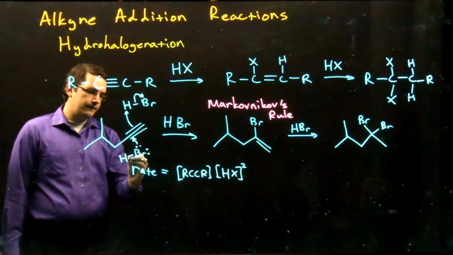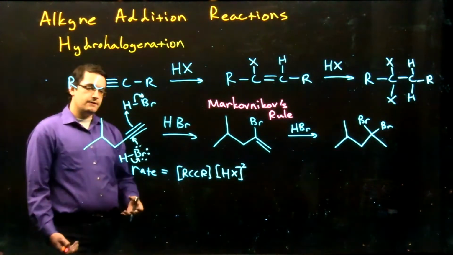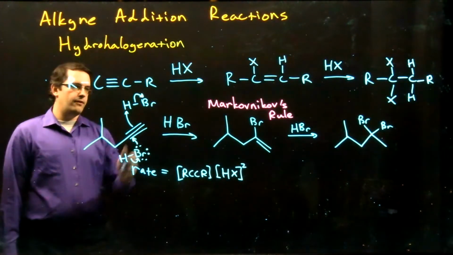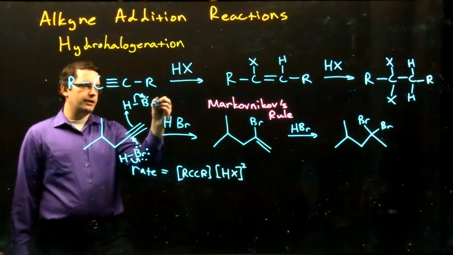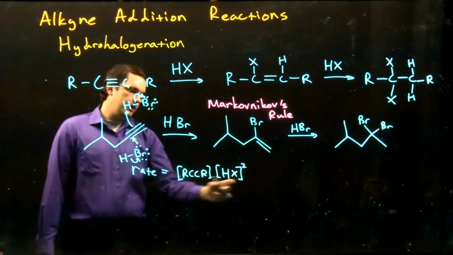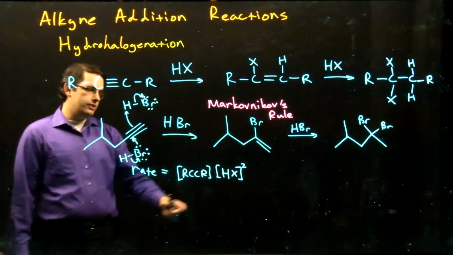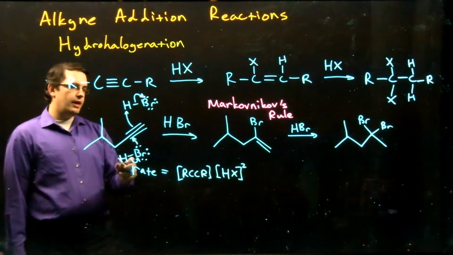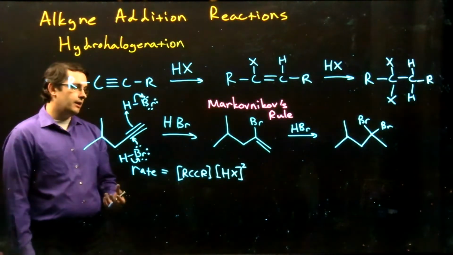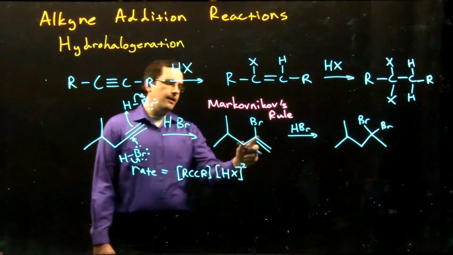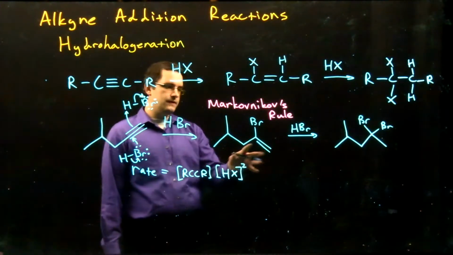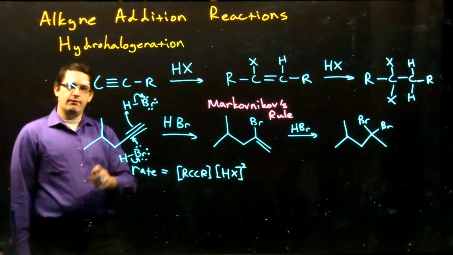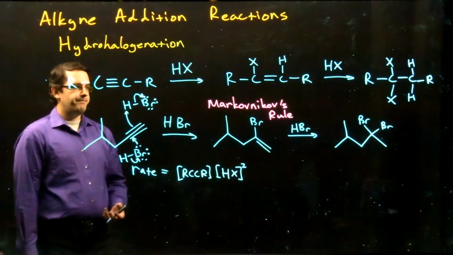So this is going to be attacking at the same time in a concerted mechanism, and the 2 units of hydrogen bromide that are involved here is what gives us that squared relation in our rate law. So they both attack at the same time. We don't actually have a true carbocation intermediate, but we still end up following Markovnikov's rule because, of course, our transition state will have partial positive charges that will favor the more substituted position.